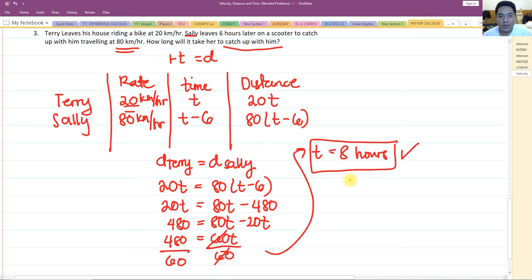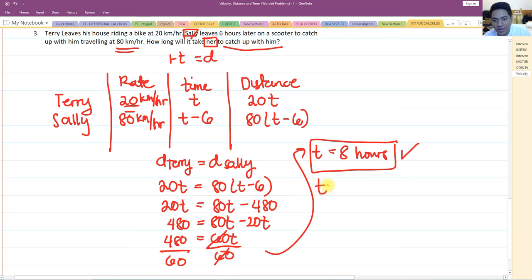So the question is, how long will it take Sally to catch him? That's the question. So this time is for Terry. He has already been traveling for 8 hours before Sally catches up to him. But the question is, how long will it take for Sally to catch him?